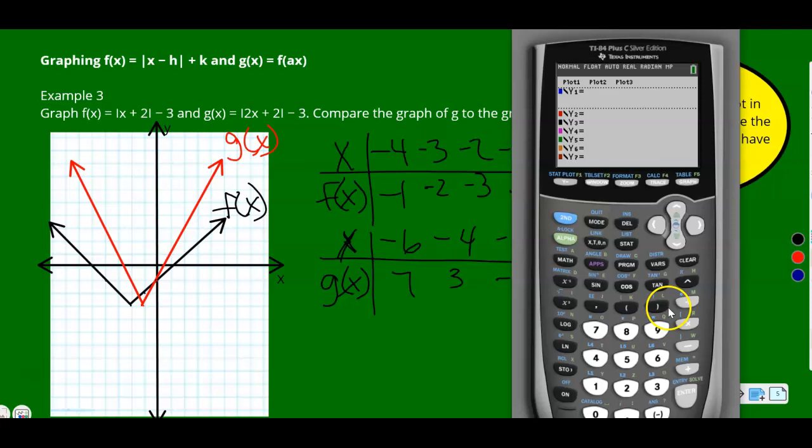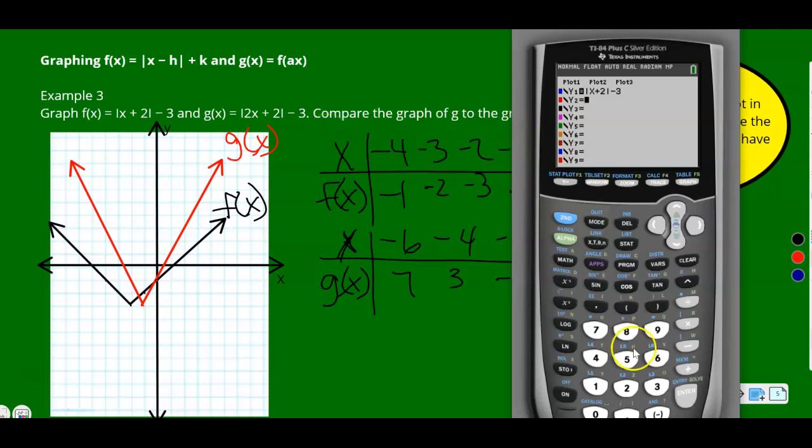So let's say if you want to find absolute value on your calculator, go to math, go over to number, ABS, it's number 1 right here, hit enter, and then I'm going to have x plus 2. I'm going to come outside the absolute value and do minus 3. Okay, so this is going to represent the first function.